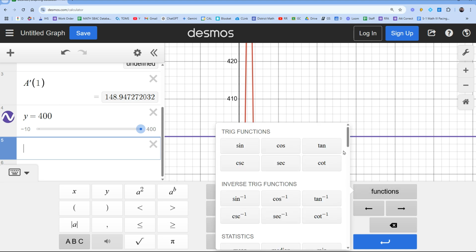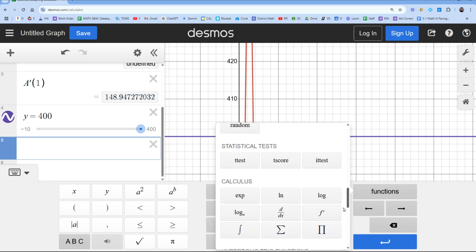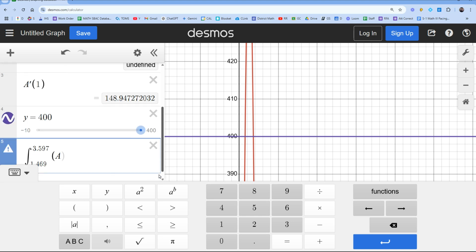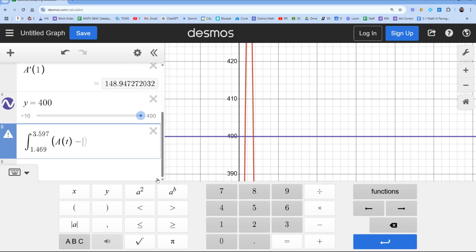In this case, again, I'm integrating 1.469 to 3.597. And we use t, right? Not x. So I'm just going to say t minus 400. And then I think in the question it says round to a whole number. So in part D it says to the nearest whole number. So that would be 71.